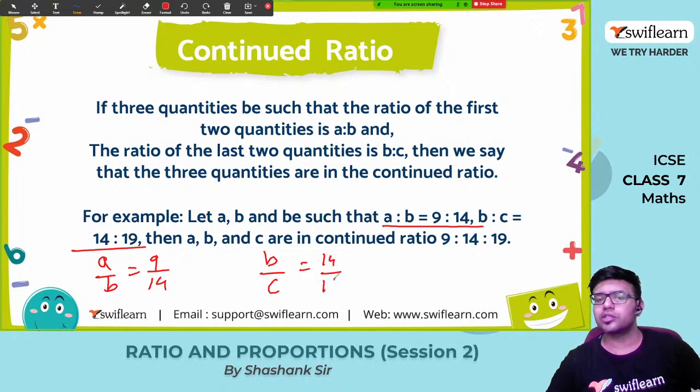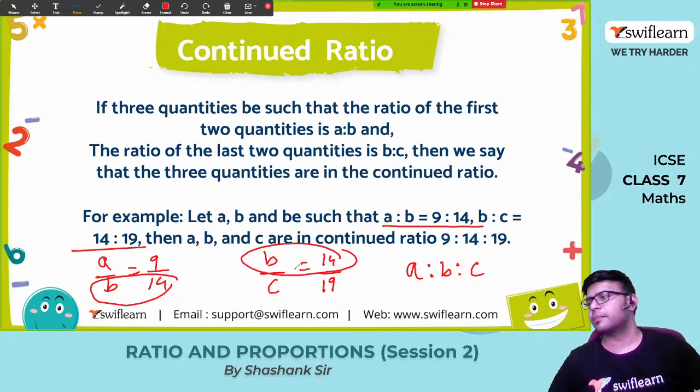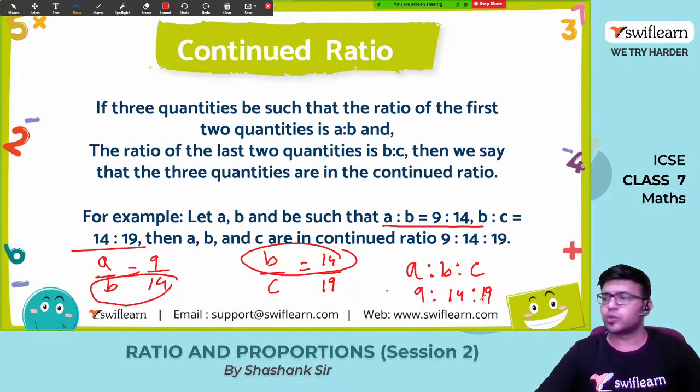Then find the value of A is to B is to C. See here, check, are the values of B the same here? Yes, they are the same. So simply you can write A is to B is to C is equal to 9 is to 14 is to 19. So that's all. This is how we write the continued ratio.